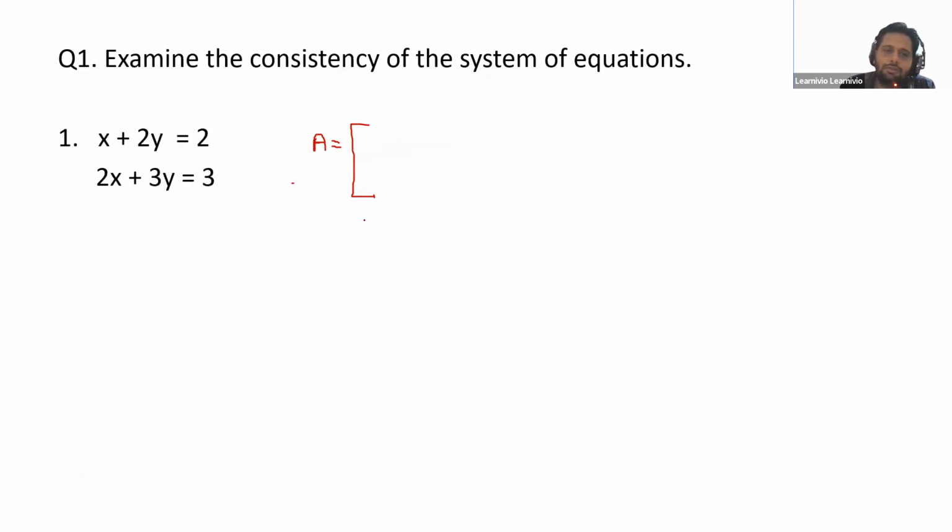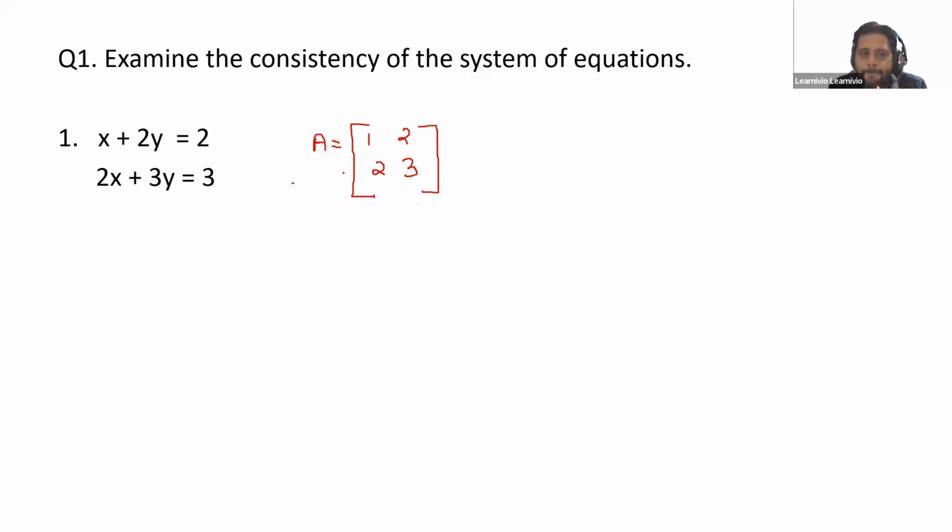So in this question, A will be 1 because the coefficient of X is 1, coefficient of Y is 2, this is 2 and this is 3. So matrix A will be 1, 2, 2, 3. The matrix will always be a square, because we need to find the inverse and the inverse will exist when it is a square.